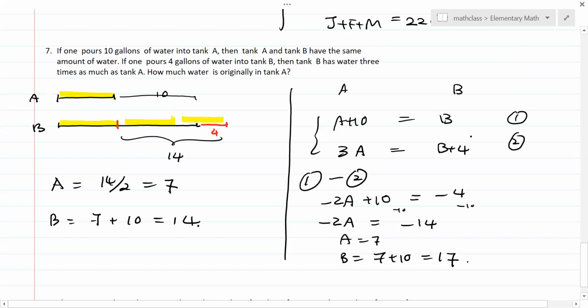But the increased part for B is actually 14, right? So 2 sections should be equivalent to 14 from the picture. You can tell that, right? So that's why 1 section represents 7. That's the amount of water in tank A originally, 7 gallons.